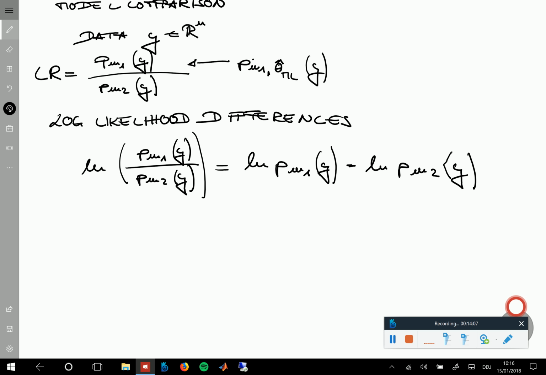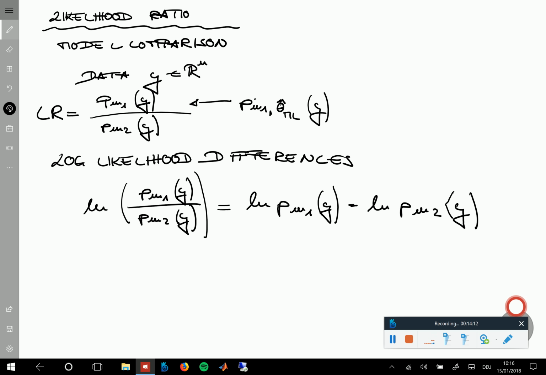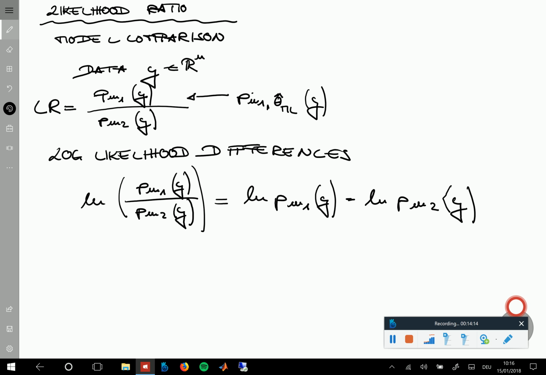So now the question is, how do we link this to the GLM, and what kind of models do we actually want to compare if we're looking at F-tests? And the basic idea here is to look at what is known as nested GLMs, or you can also call them partitioned GLMs.